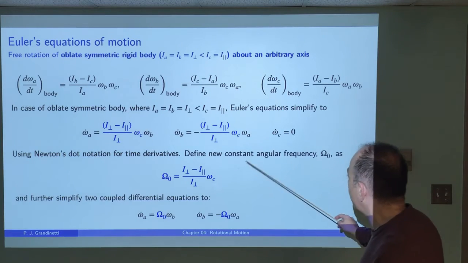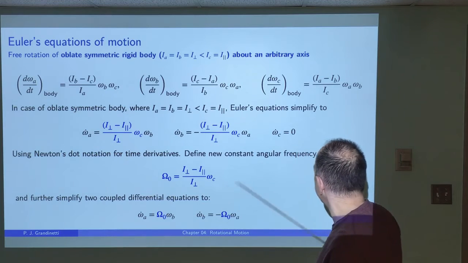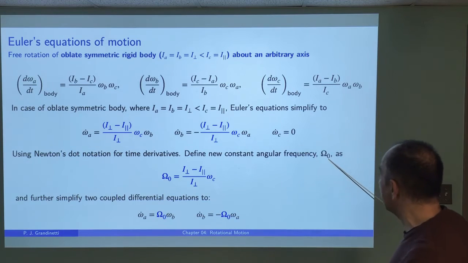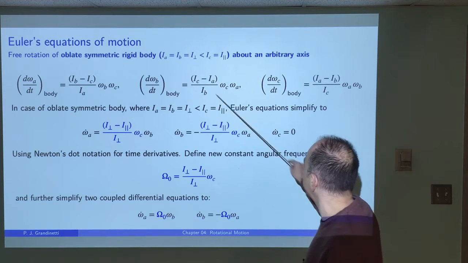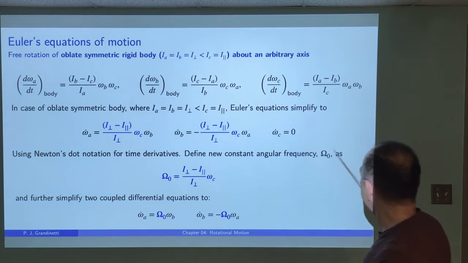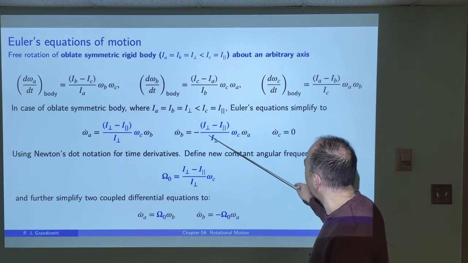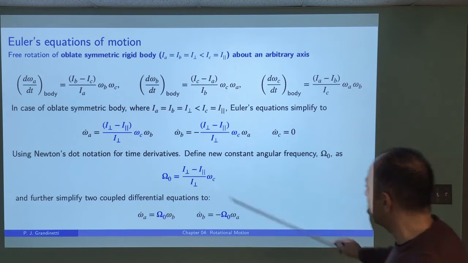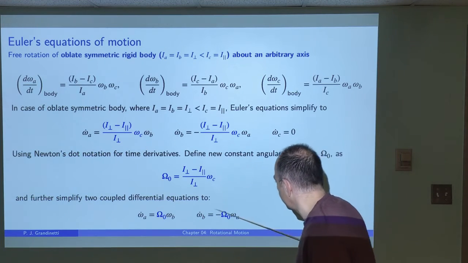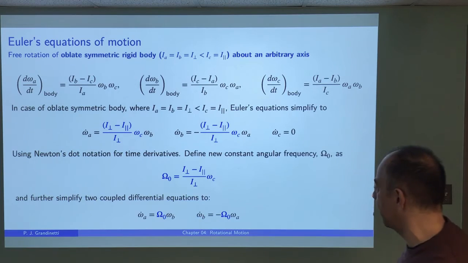So what we're going to do is try to simplify our notation a bit. We're going to define a new angular frequency. This is a constant, because C is a constant, it's not time changing, and these are all constant. So this is a constant number here. And we're going to define this quantity here as this capital omega naught. And if I do that, then these equations come down to these very simple looking equations.